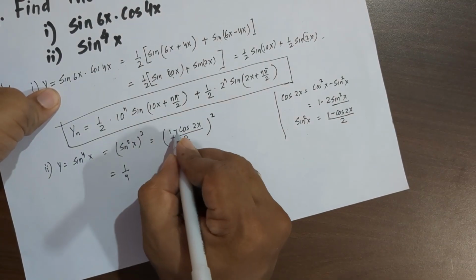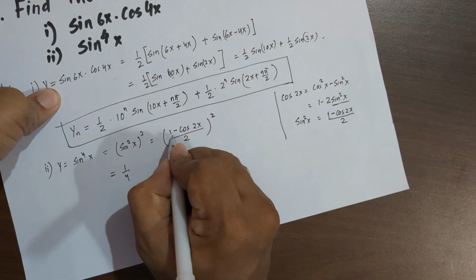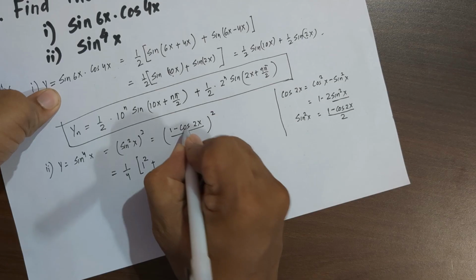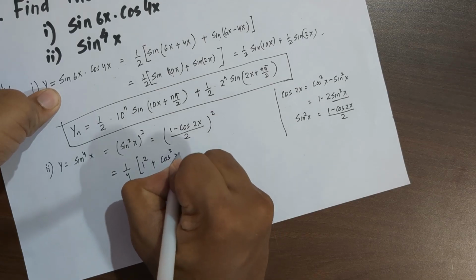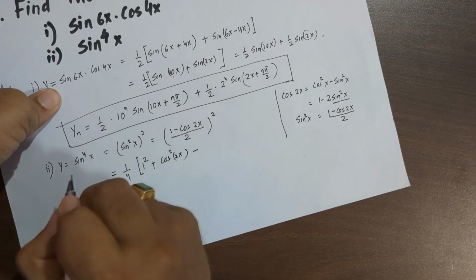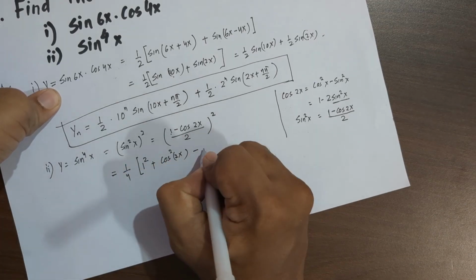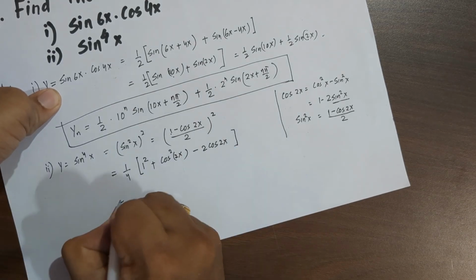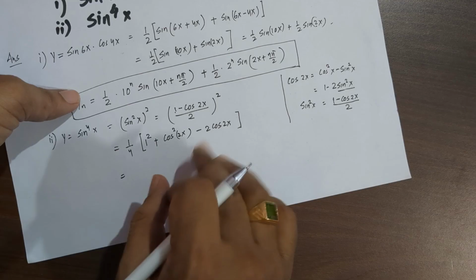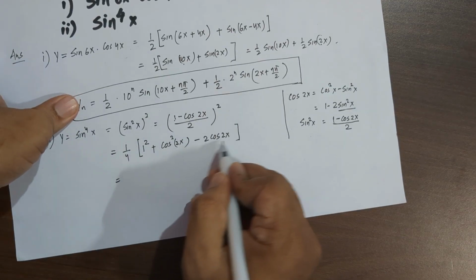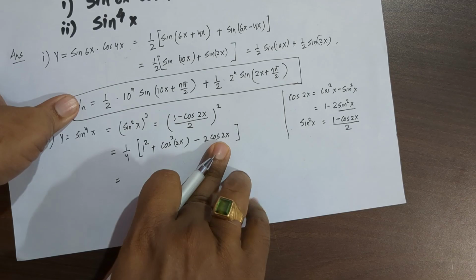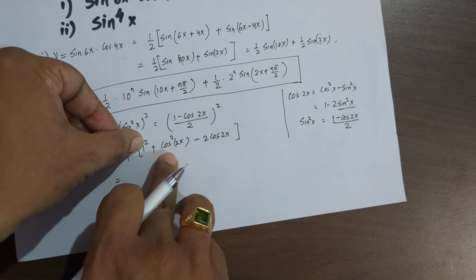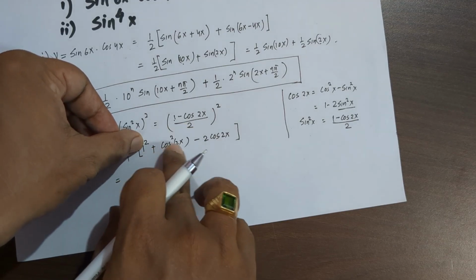Then the square of 1 minus cos 2x, a minus b square, this is 1 square plus cos square 2x minus 2 times 1 cos 2x, 2 cos 2x. See, we are not done. We have one term cos of ax plus b, and this is a constant. This will not make any problem. But this term is again cos square 2x.